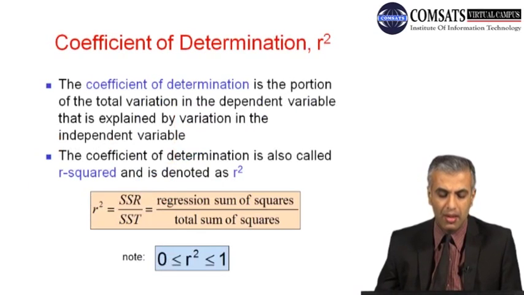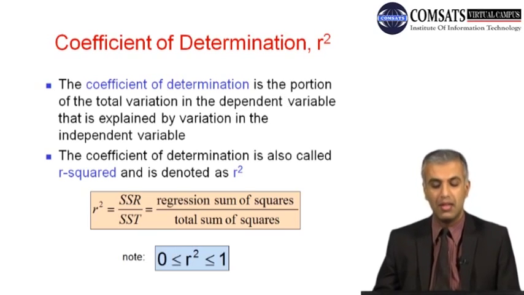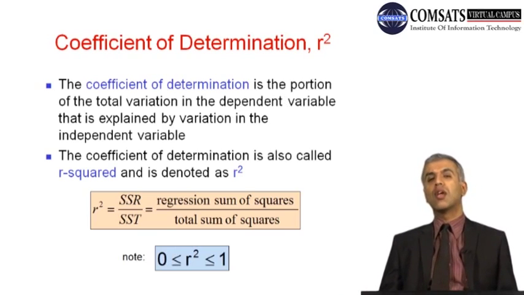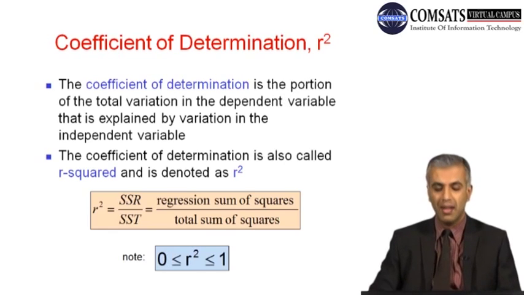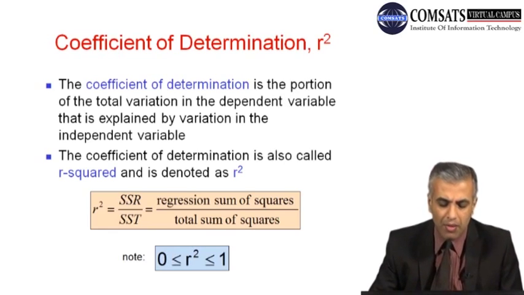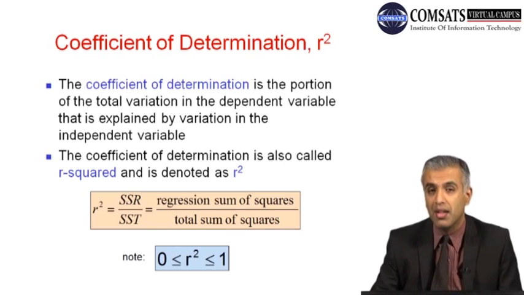As you can see here, the formula is SSR divided by SST. So again, like the correlation coefficient, R square ranges between 0 and 1. Then again, 0.5 and above is considered a strong value, but it's not necessary that values of 0.5 or above are obtained.